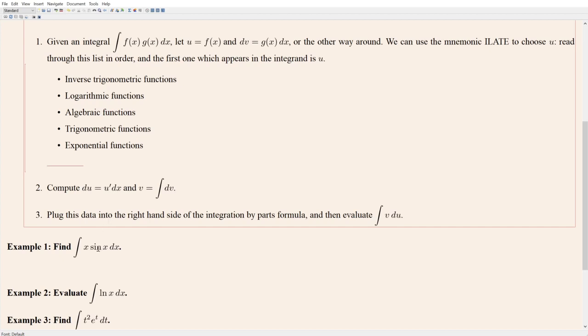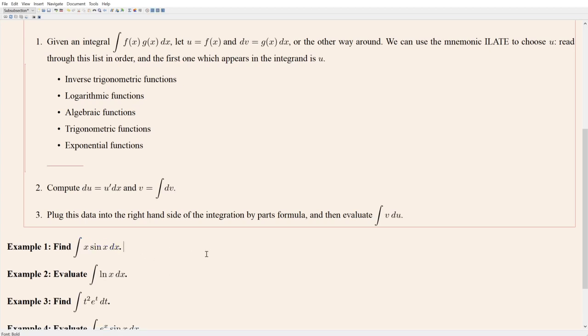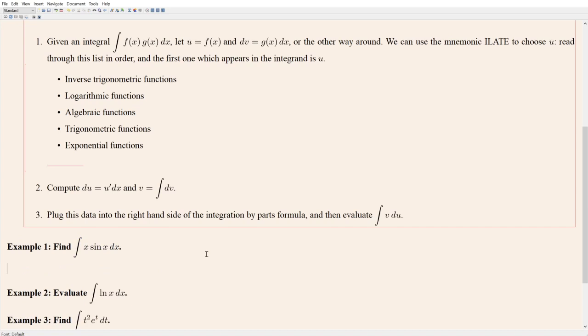Does this have any algebraic functions in it? Yes, it does. x is an algebraic function. I mean, you can think of this as being a polynomial, just with one term in it. So we let u equal x.